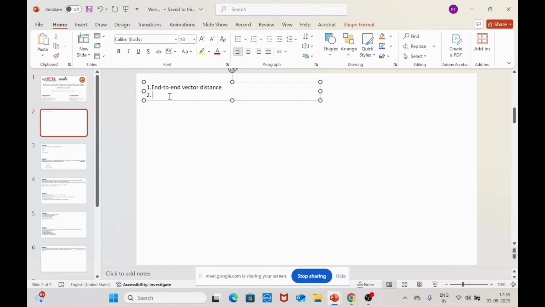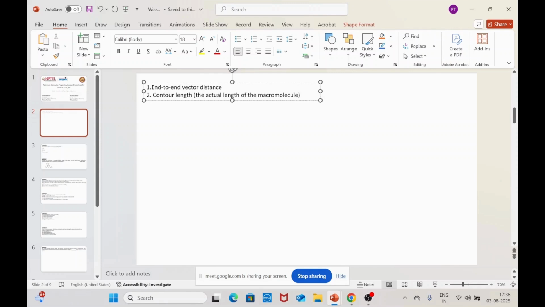The second one is basically the contour length. So what is this contour length? The actual length of the polymer, of the macromolecule, you can say.